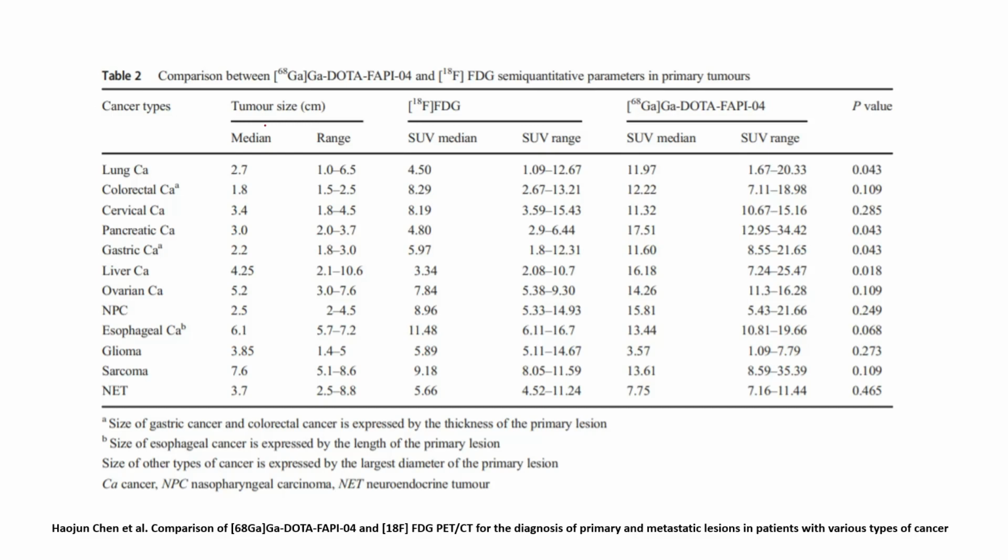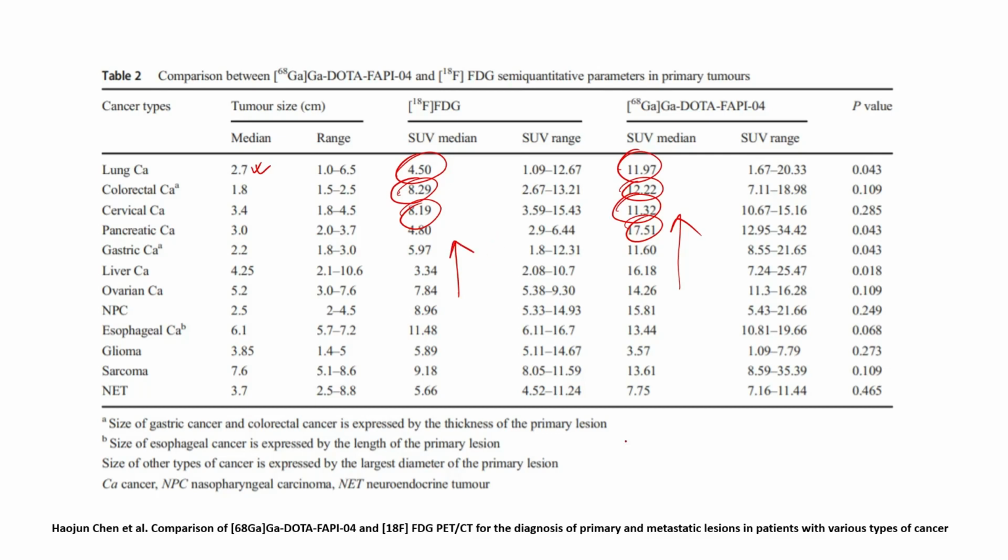For example, for lung cancer with a median size of about 2.7 centimeters, the FDG SUV median value was about 4.5, and the SUV median for gallium DOTA FAPI was 11.9. For every cancer we see that the SUV value for FAPI is considerably higher than that of FDG.